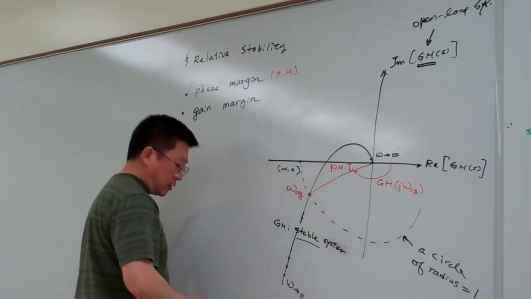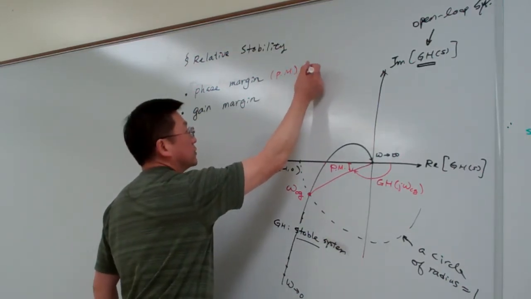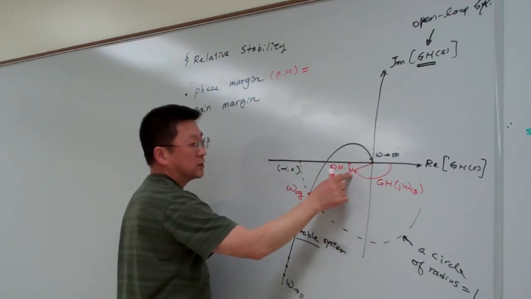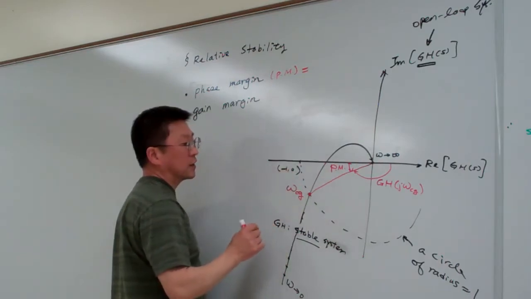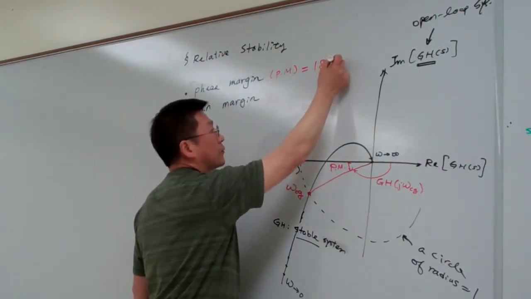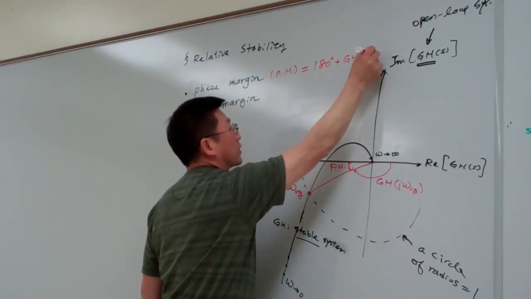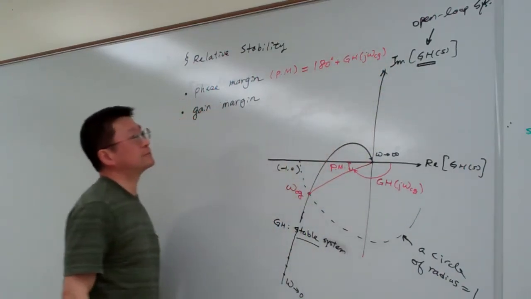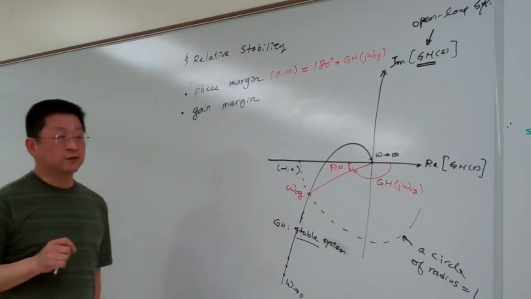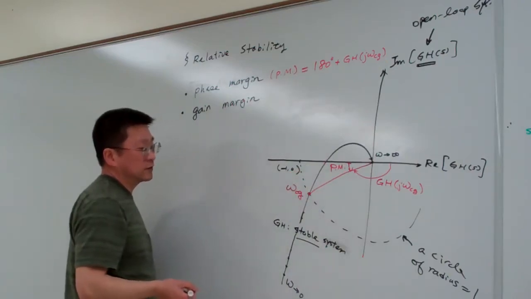In terms of the mathematical formulation, this part is negative, and from here to here is 180. So basically you can write it as 180 degrees plus the angle of GH at j omega CG. How to find the omega CG? Later we can use one example to demonstrate this. But anyhow, graphically, that is the phase margin here.